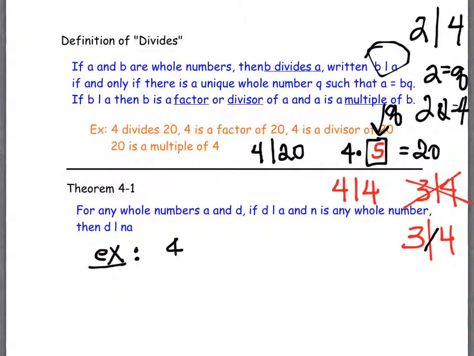Well, that also means that 4 divides 20 times 3. Well, 4 divides 20, then 4 divides 60. And I can put any whole number here and it'll work. 3 is not special. 2 would work, 7 would work, 14 would work. Anything would be fine. So as long as 4 divides one piece of it, it divides all of it.